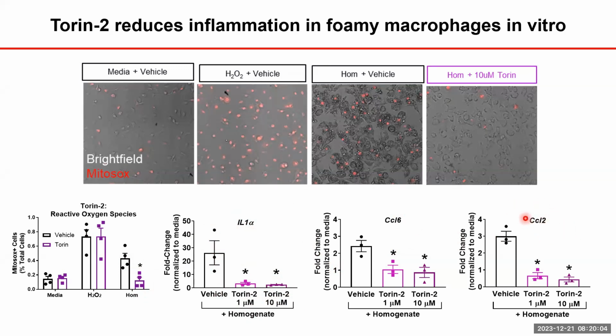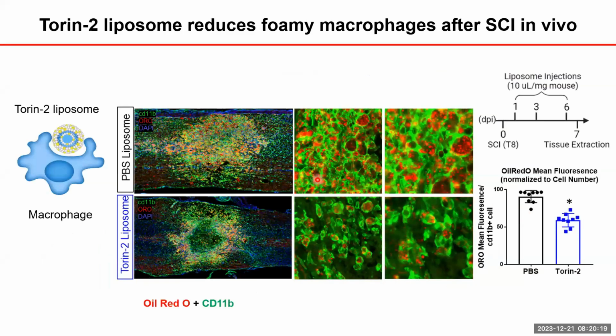And so with this TORIN-2 in hand, we wanted to go in vivo and see if we can see these effects in the spinal cord itself after spinal cord injury. So an approach that we took was that instead of just giving TORIN-2 systemically, we packaged it into liposomes.